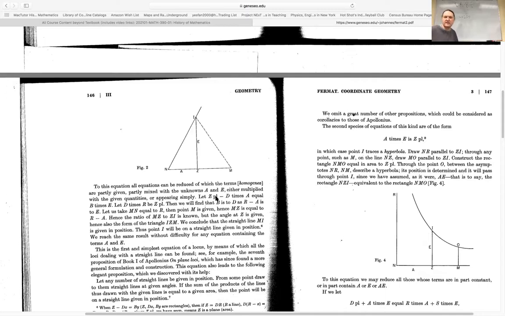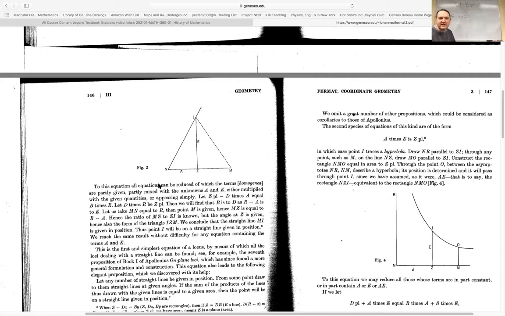So if it's going to be something subtracted from something two-dimensional, B times A, this needs to be something two-dimensional for Fermat. So let Z plane minus D times A equal B times E. Notice we were fine with the subtraction symbol. We don't have a symbol for times yet. Interesting.